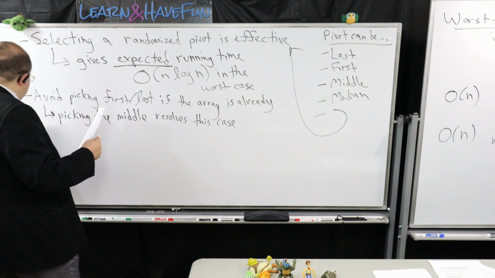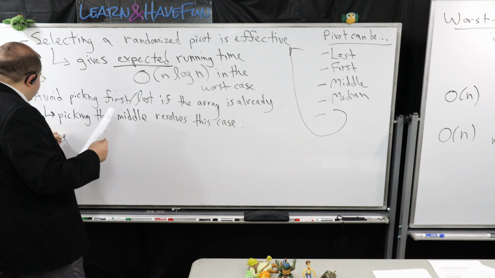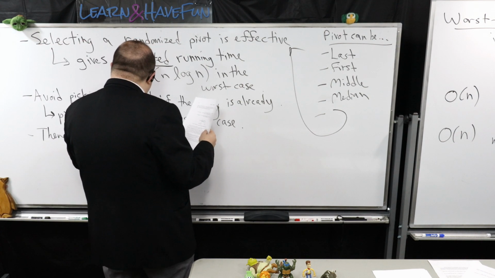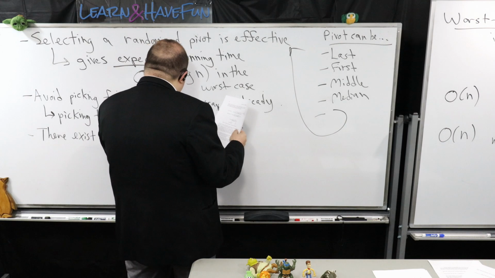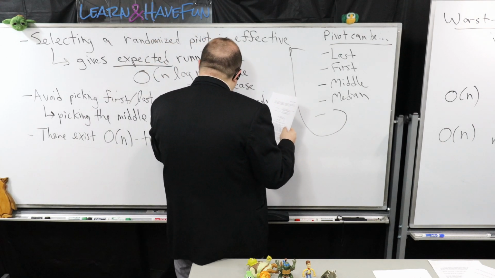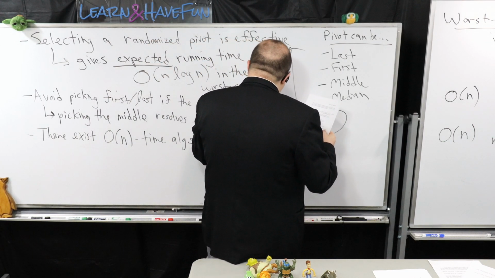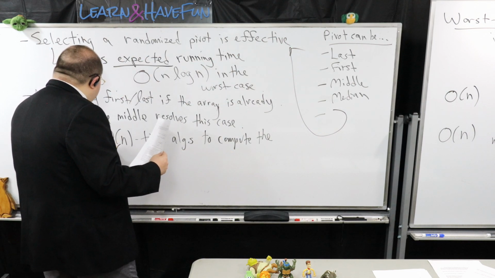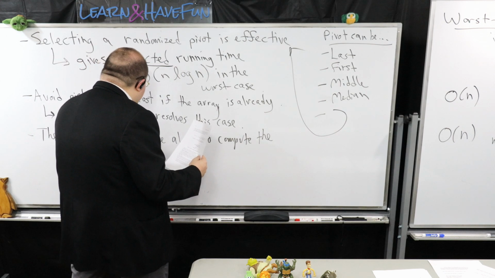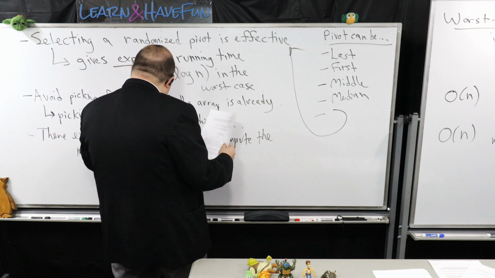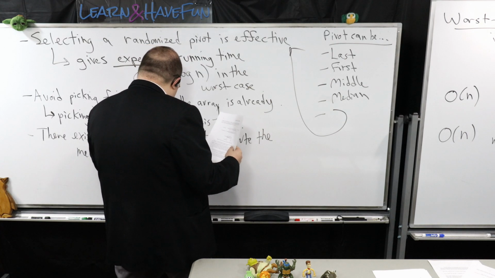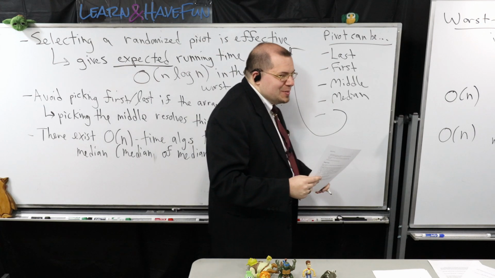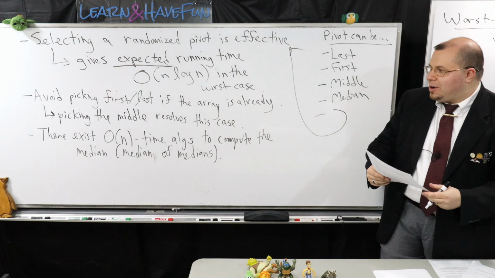But so there exists big O of n time algorithms to compute the median. So usually it's associated with something called the median of medians algorithm. It has a much more fancy acronym that I usually can't remember that well off the top of my head.